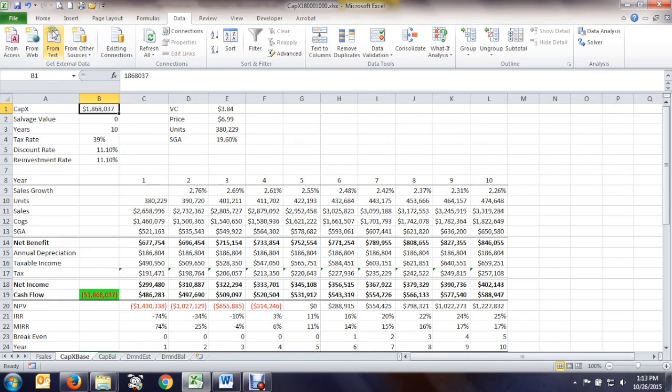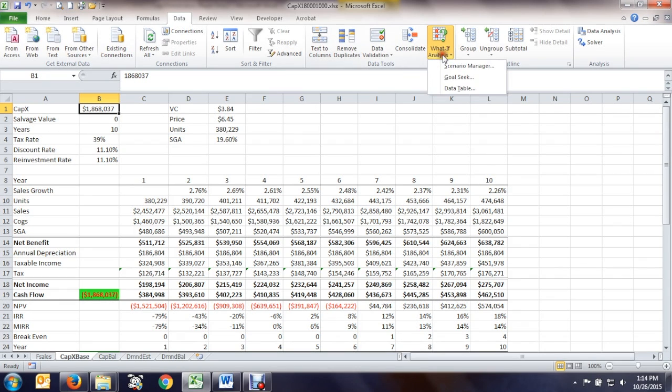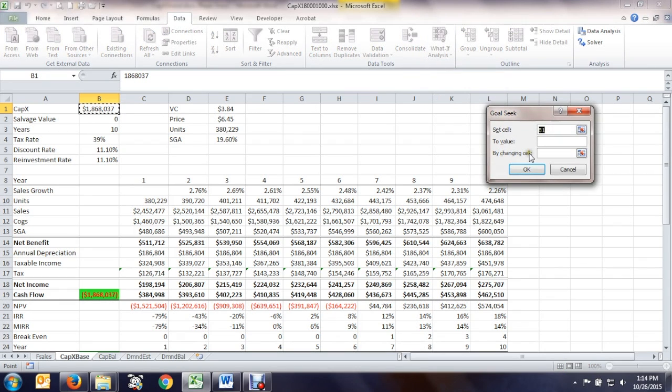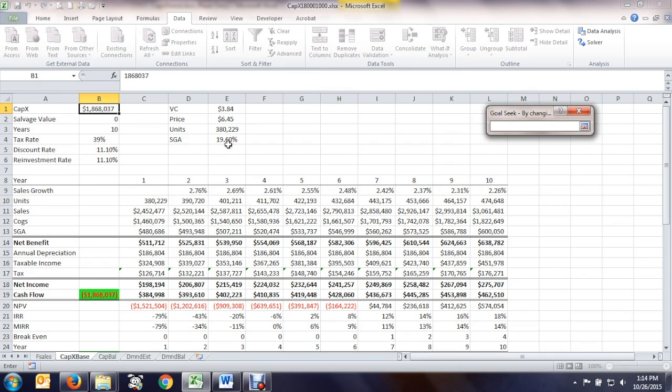Okay. And then a second question, I just hit undo, so I went back to my original data sheet. I'll go ahead and save here real quick too. Another question I'll ask, and this is where GoalSeek comes in handy. Again, I want to set cell NPV to 0 in year 5 by changing the number of units.